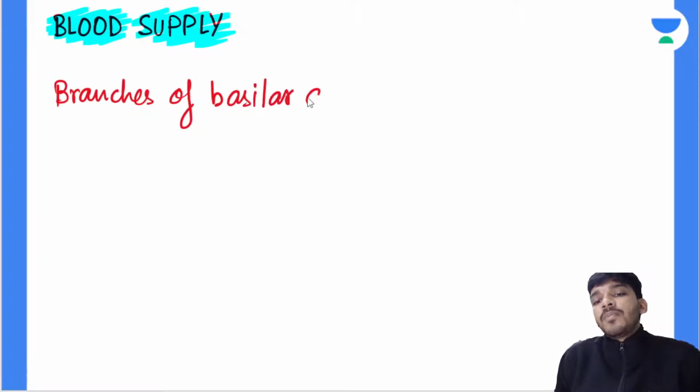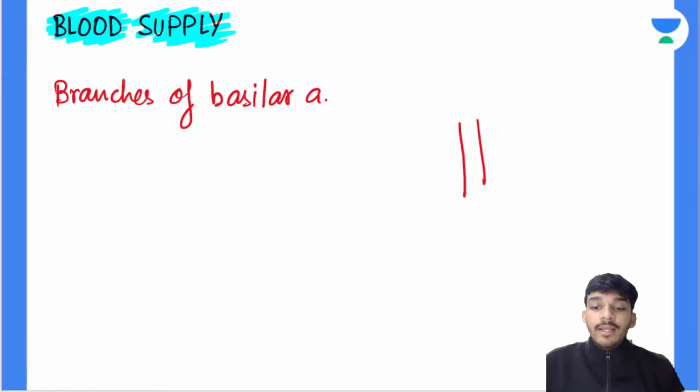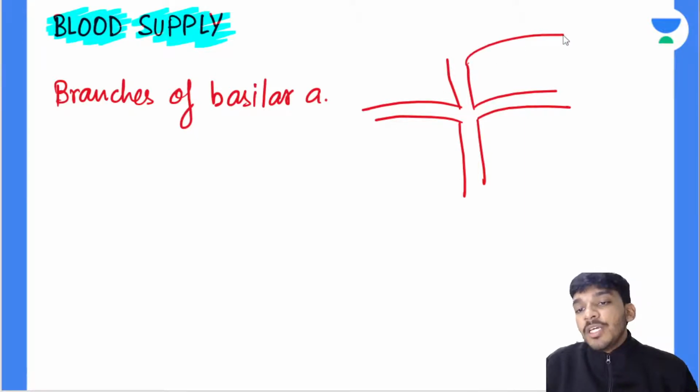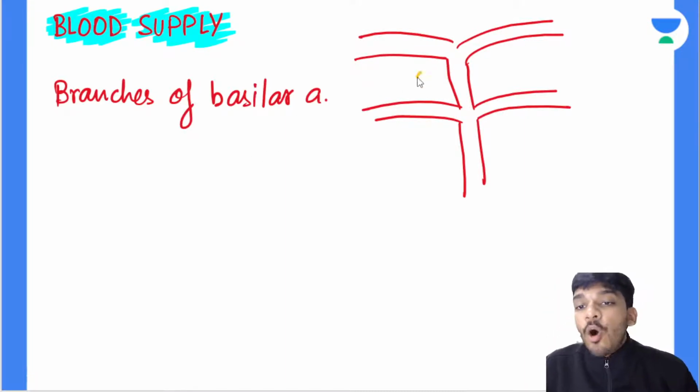Apart from that, if you remember the diagram, the basilar artery divides into two arteries. First, it gives the superior cerebellar artery. Then finally, it terminates in the posterior cerebral artery. And in between these two arteries, you had the oculomotor and the trochlear nerves arising.